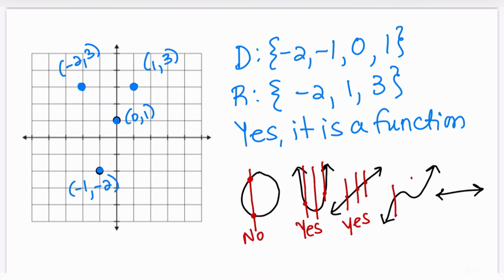The same thing for this function, and the same thing for a horizontal line. However, vertical lines are not functions because if I put a vertical line over this vertical line, it's going to intersect infinitely many times. So therefore, no, it is not a function.